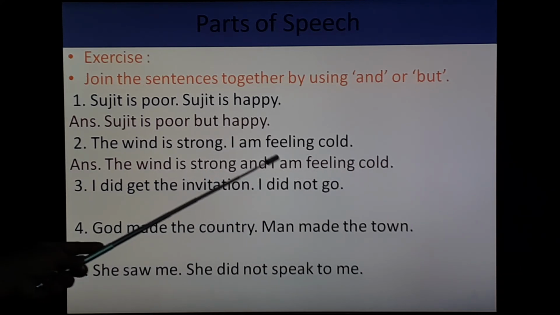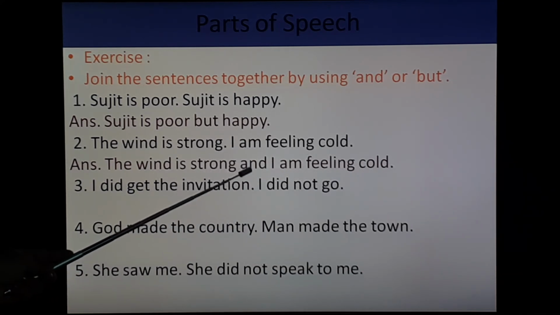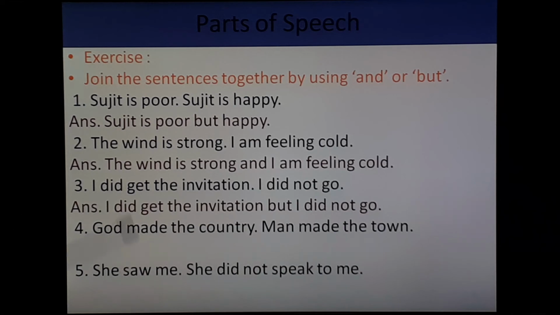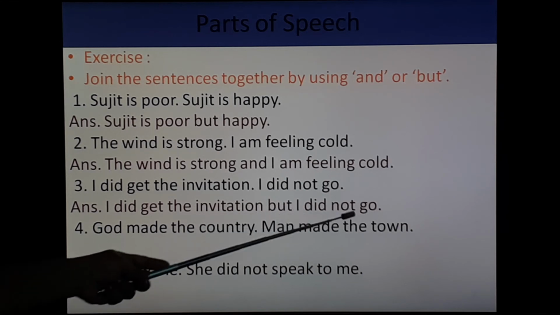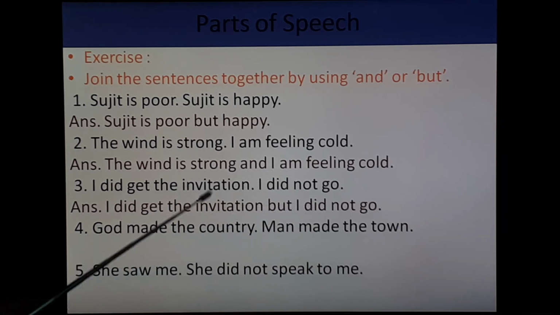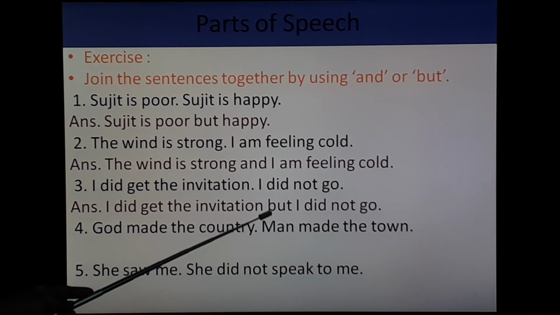So here, in addition to is given, that's why we have put here and. Third, I did get the invitation, I did not go. So here, I did get the invitation, but I did not go. Here, contrast ideas. Okay. So that is why but.